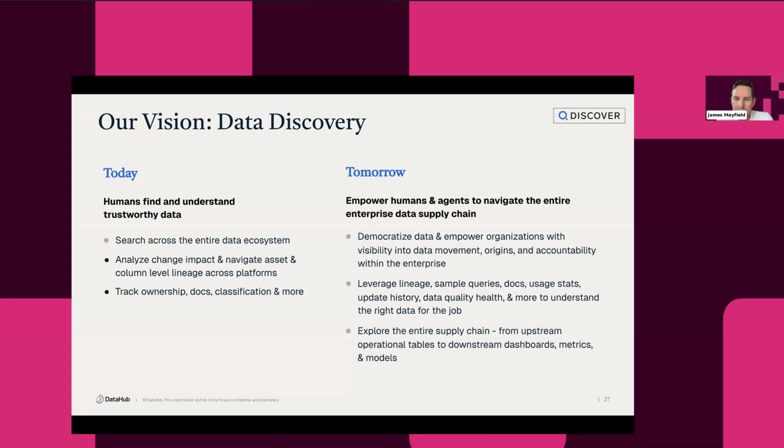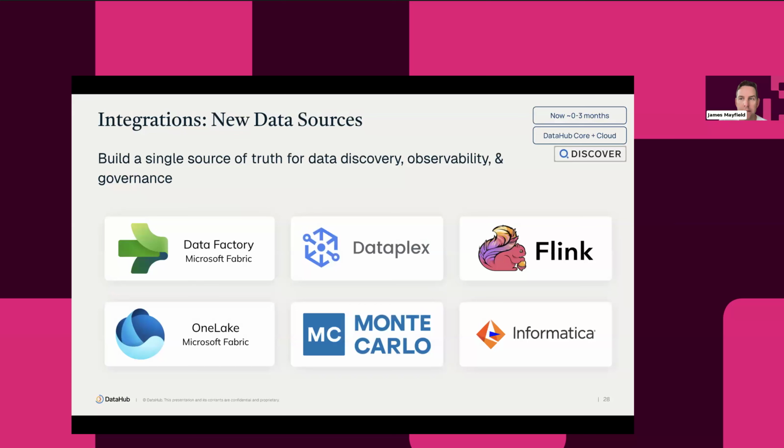We think about how we can leverage lineage, usage stats, history, ownership, all of those things to allow agents to make better decisions because of the rich, semantically rich metadata we provide.